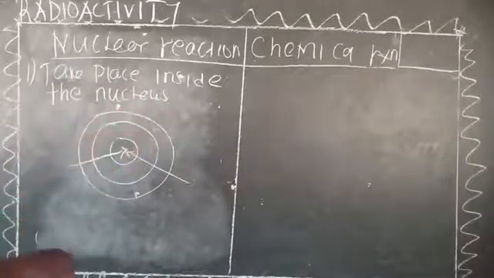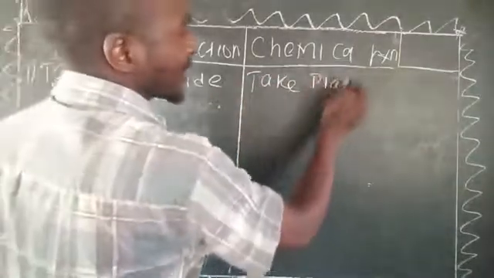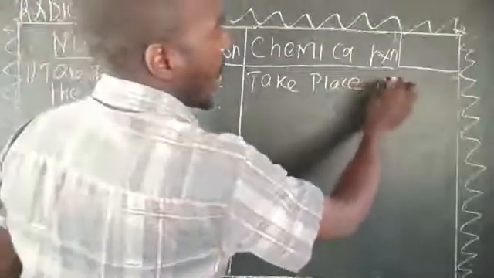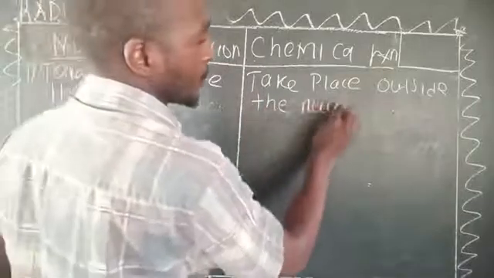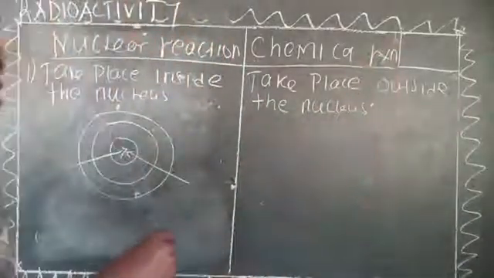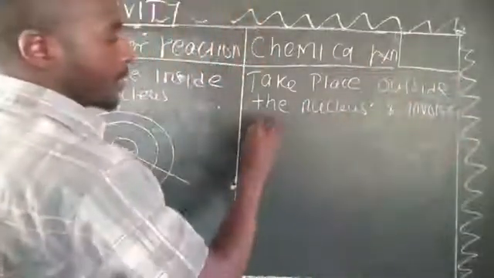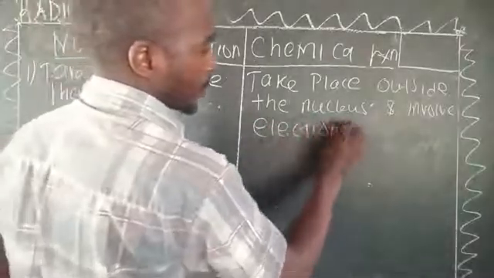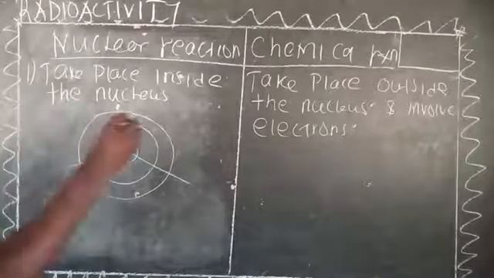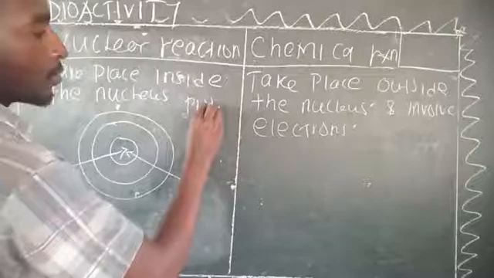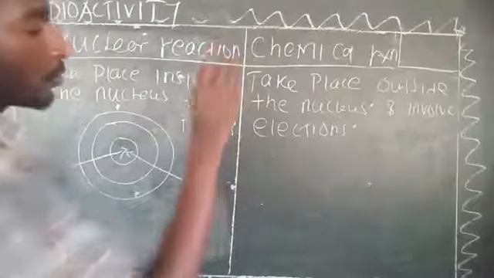When we get to chemical reactions, on the other end, they take place outside the nucleus and involve electrons. Our nuclear reactions, of course, involve protons and neutrons.